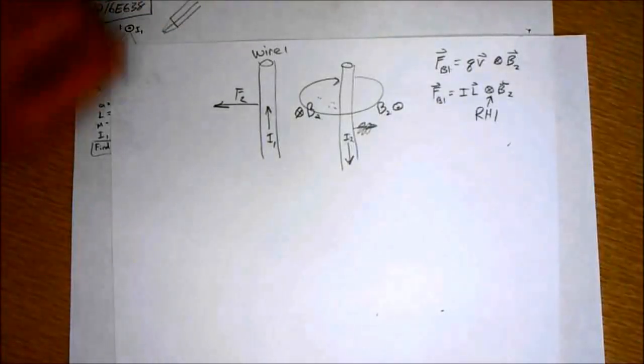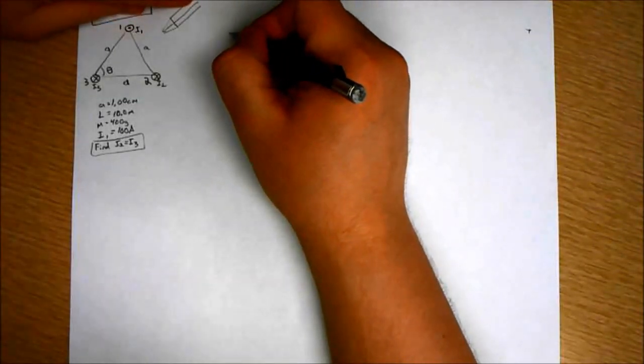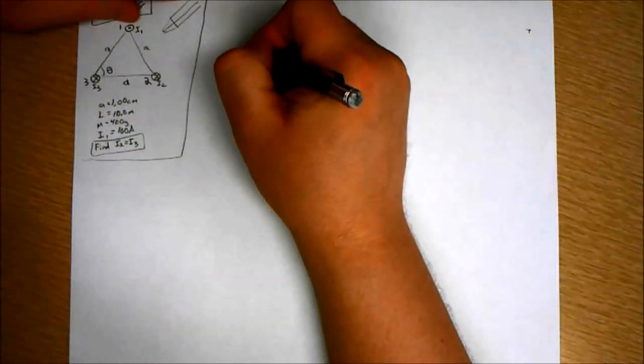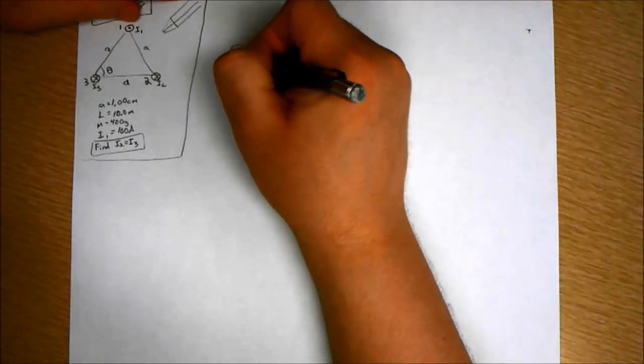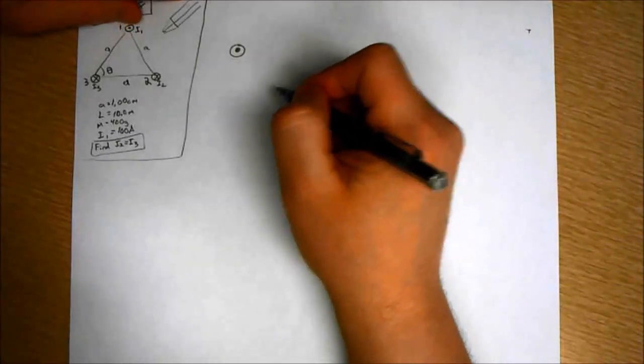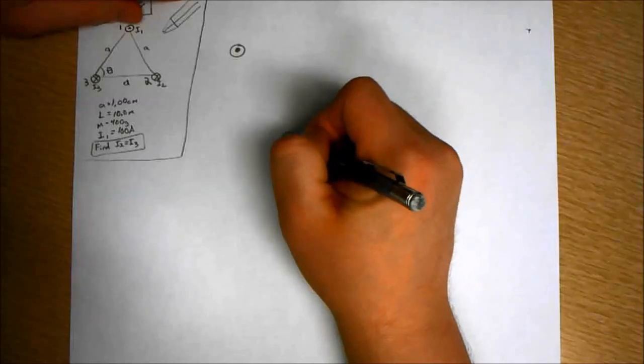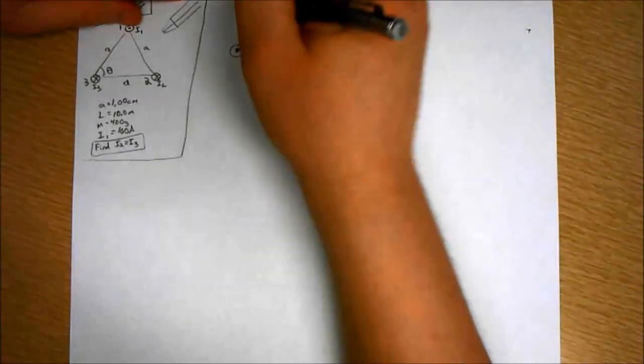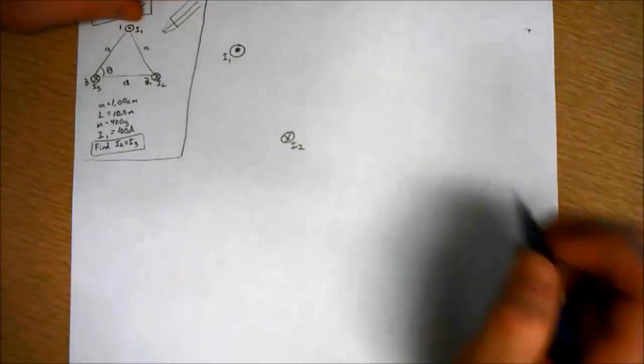Okay, so back to the problem at hand. If I want to look at the situation in the orientation that we have it, I'm going to box this off so it doesn't get in the way. This is wire 1, this is wire 2, and I'm going to label this I2 into the page, I1 out of the page.